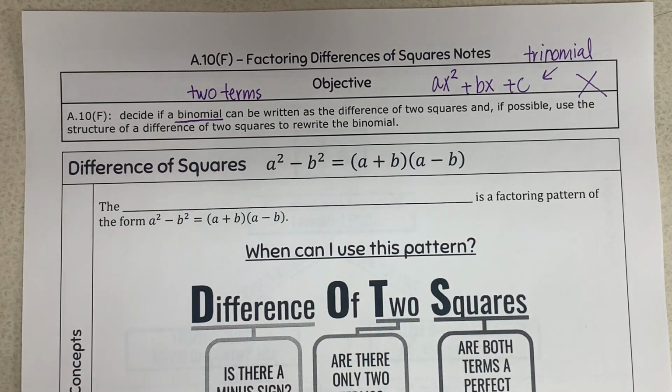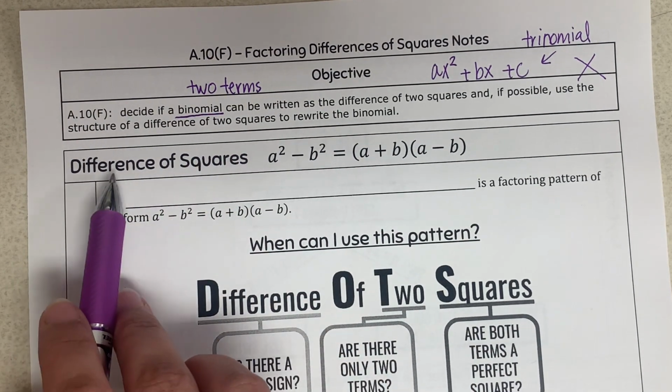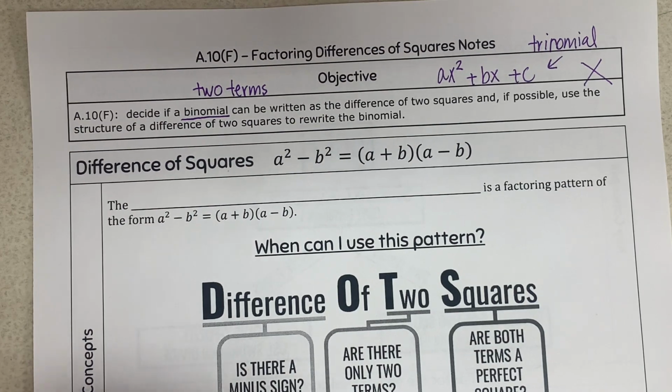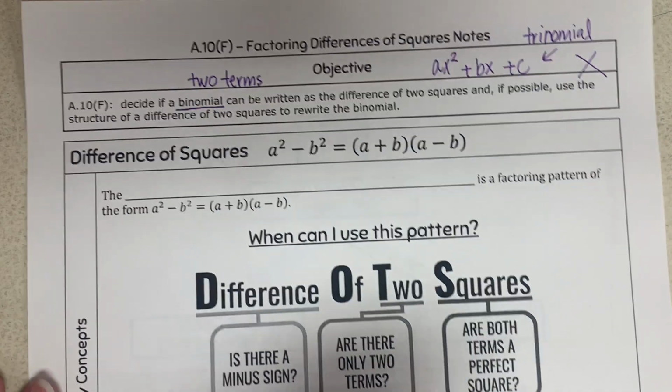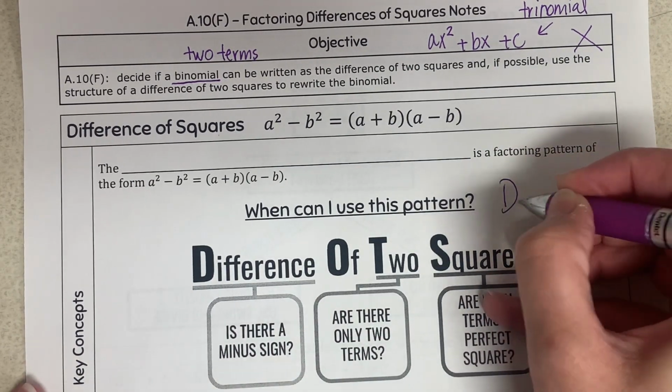Today you're working on binomials, which is just two terms, and factoring is very easy. The method we use to factor binomials is called difference of two squares. In short form, it can be called DOTS. D.O.T.S.